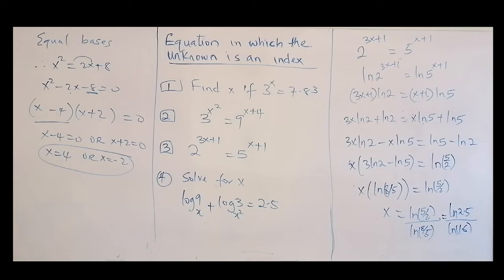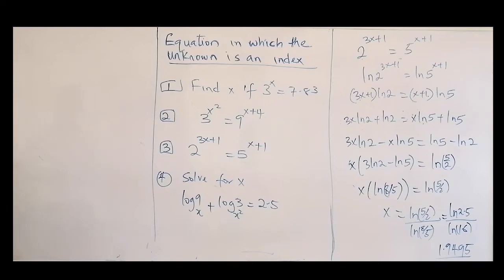So that will be equal to ln 2.5 over ln 1.6. So that will give us 1.9495. That's the value for that. Then we'll go to the next question.